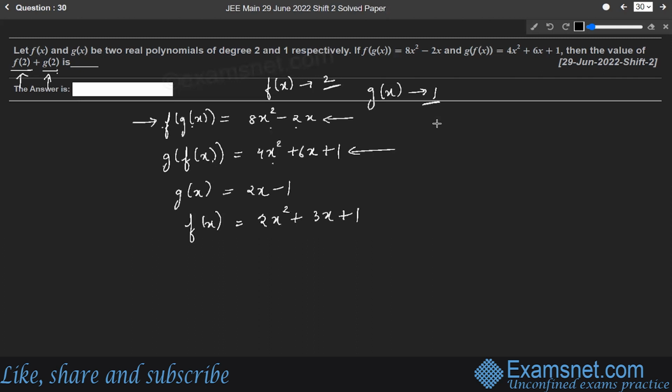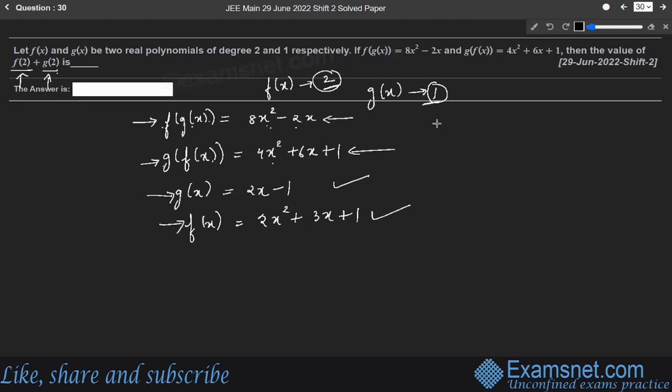So we have broken down the function f of g of x in such a way that the x becomes the value for g of x, and in the same way we have done for g of f of x. So now we have the value of g of x and f of x. And remember, the main hint in this question is the degree. The degree of g of x should be 1 and the degree of f of x should be 2.